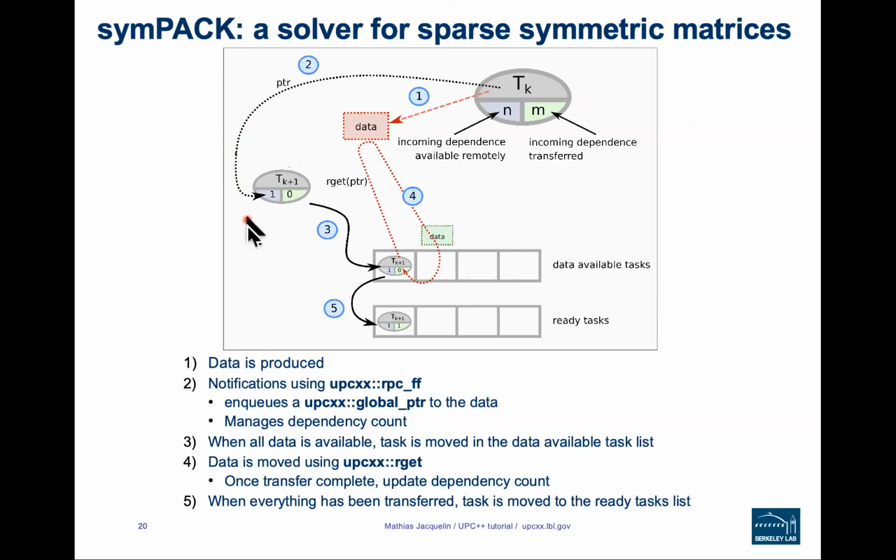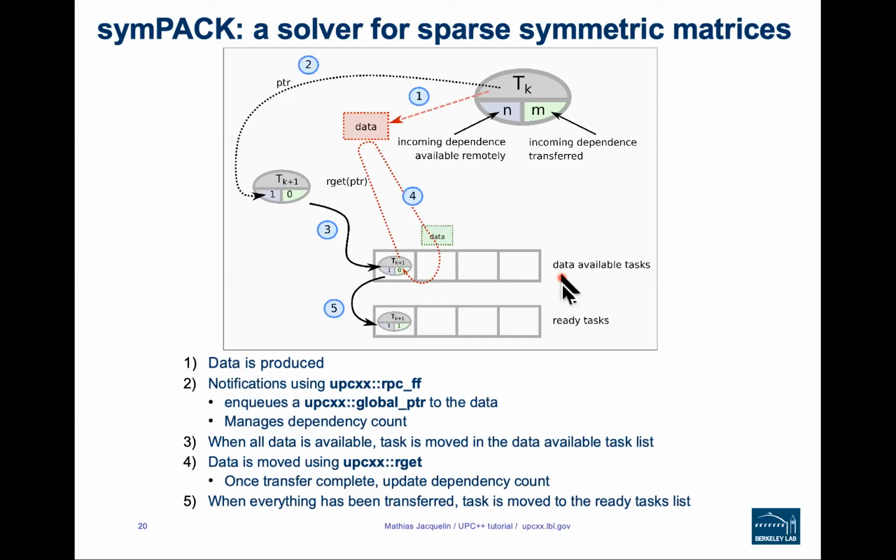The next step is that when all the data corresponding to the input dependencies of a task is available on remote processes, the task is moved to a queue called data available task. Here, the scheduler will pick a task from that queue and issue remote gets for all the incoming dependencies in order to actually transfer the data. Similarly, we track the completion of those remote get operations using futures.